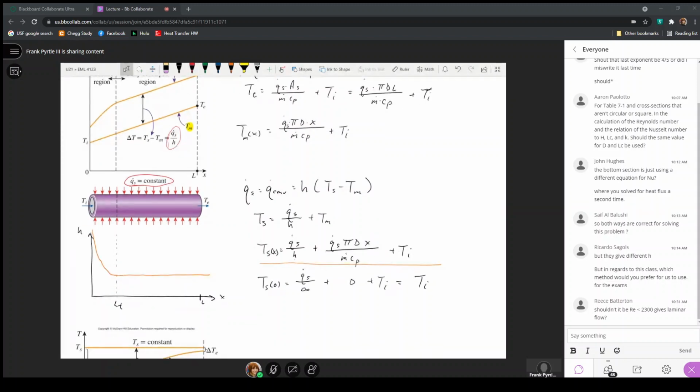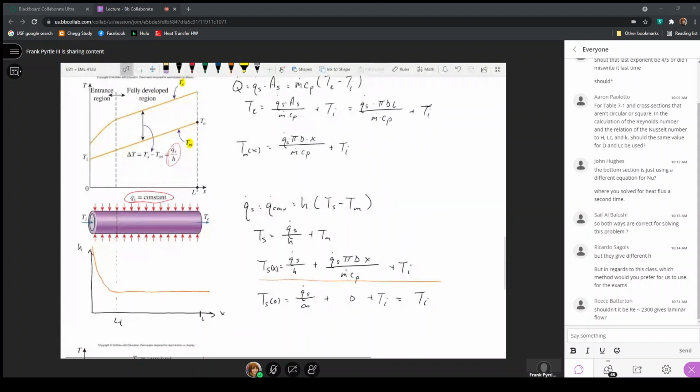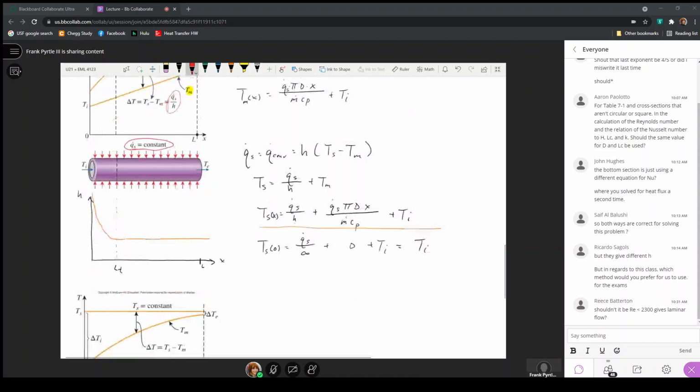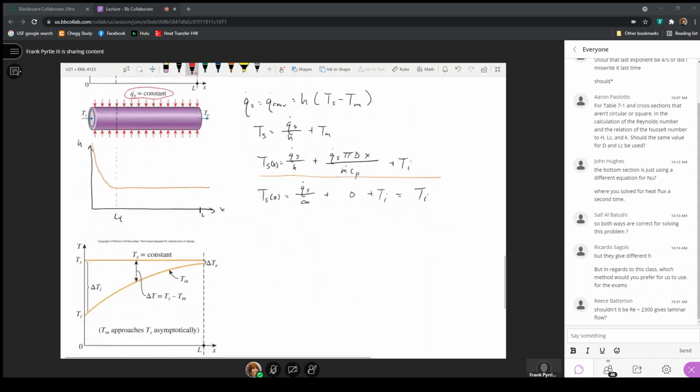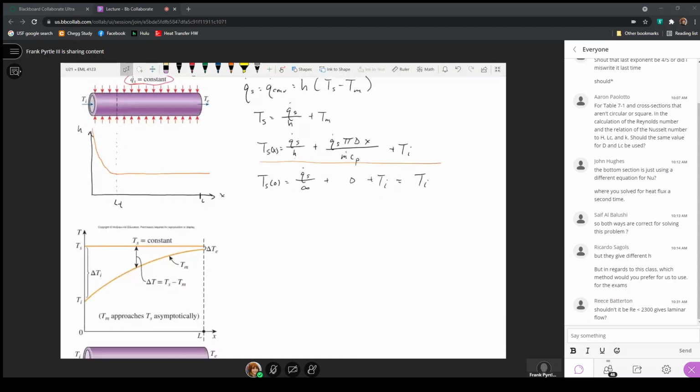The temperature variation of the surface as a function of x becomes linear once we get to the fully developed condition. It's nonlinear in the entrance region here. So when we're calculating either surface temperatures or fluid temperatures, this is how we would do it for a constant heat flux problem.